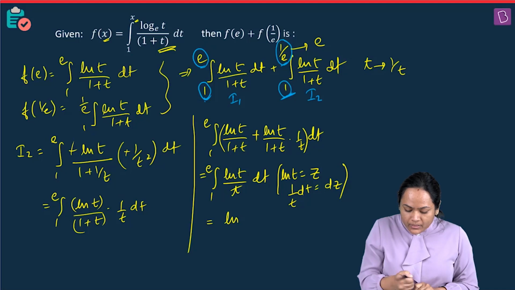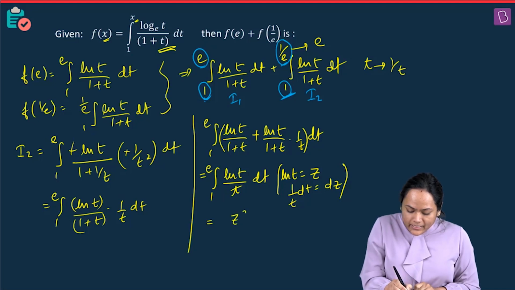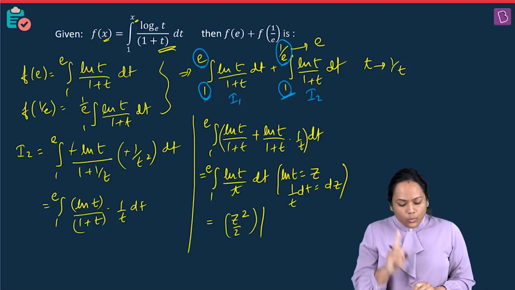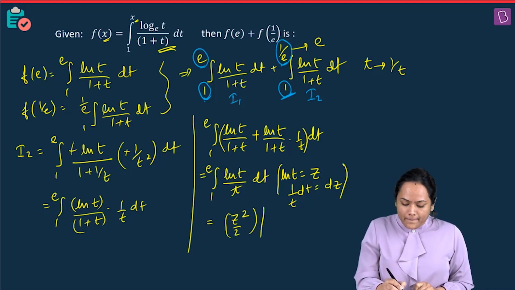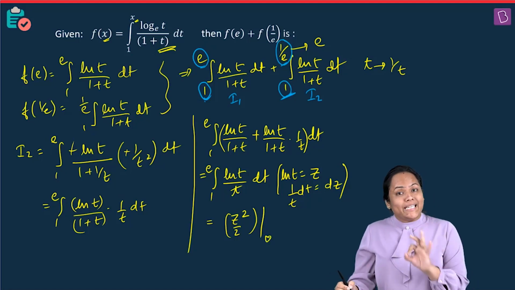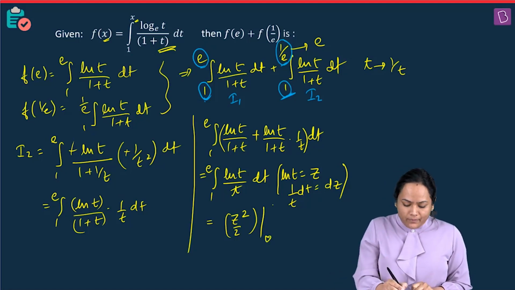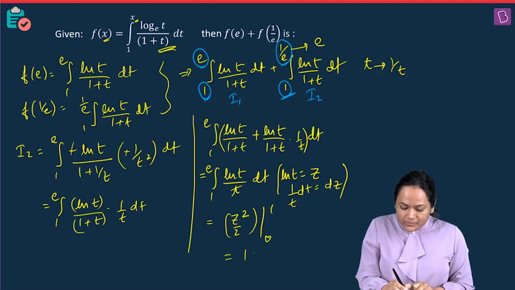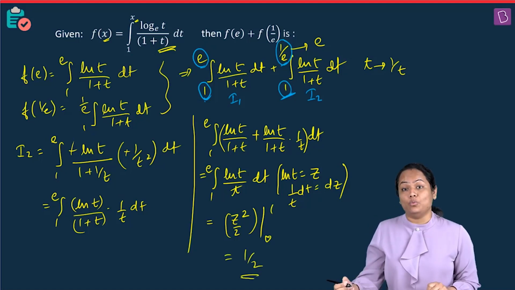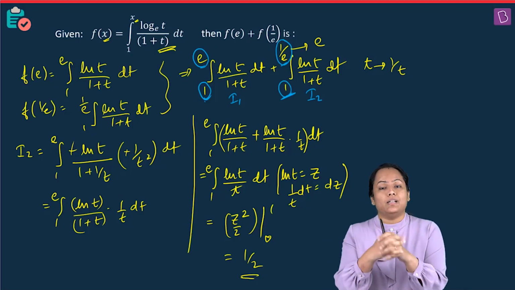It's going to become z dz, integration will become z square by 2. And what about the limit? Well, if my t is 1, ln 1 will become 0, while if my t is e, ln e will become 1. The value finally comes out as 1 by 2. This will be the final answer.